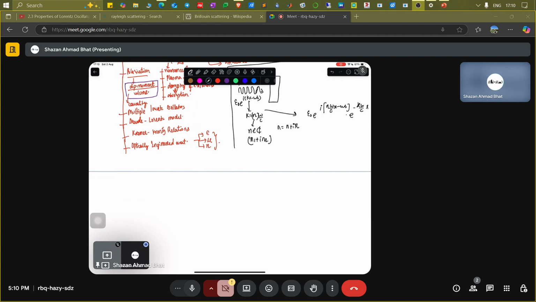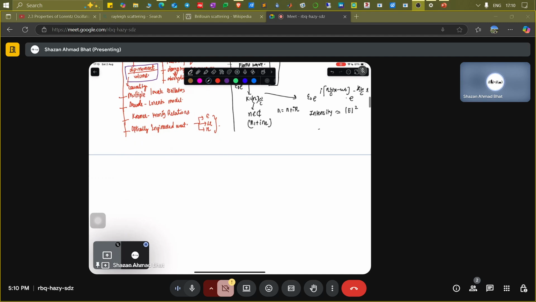If you want to compute the intensity, then intensity is proportional to the electric field amplitude squared. Then you square this term and you get e to the power minus 2 k omega over c into x.